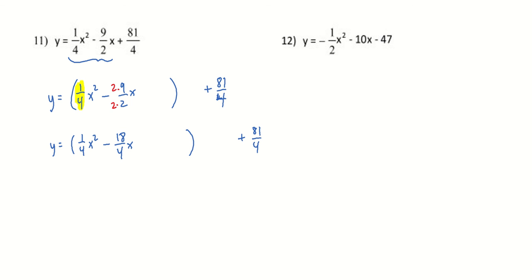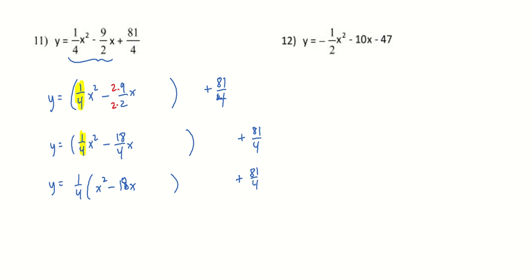Now when we take out a quarter, as we've done since the beginning of the year, 18 over 4 with the quarter factored out would be minus 18x, plus 81/4. So the procedure is 100% the same, just trickier numbers.